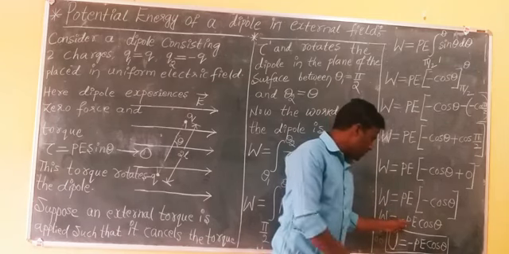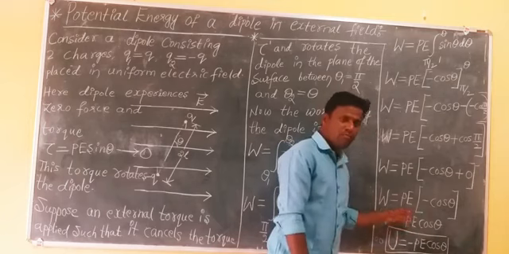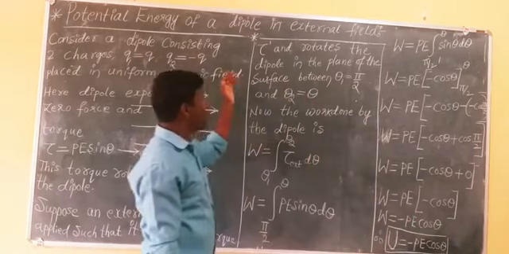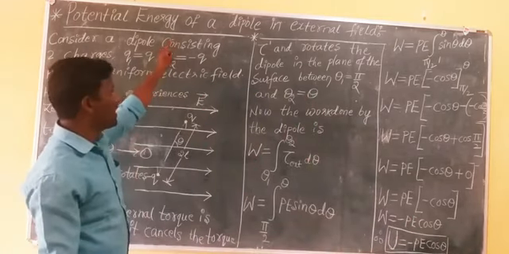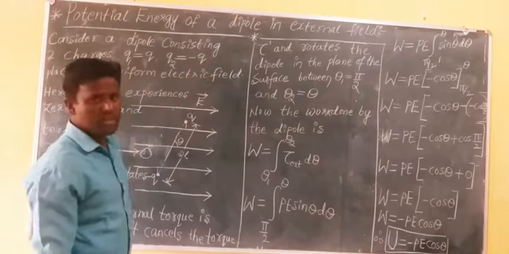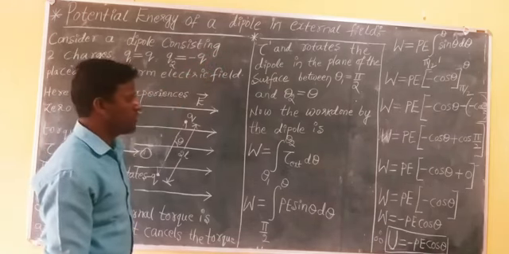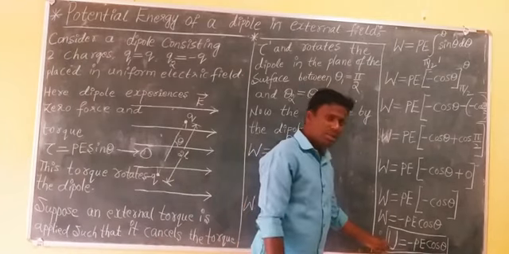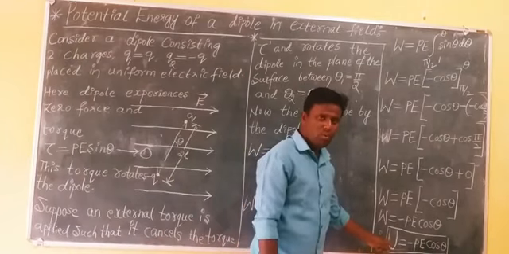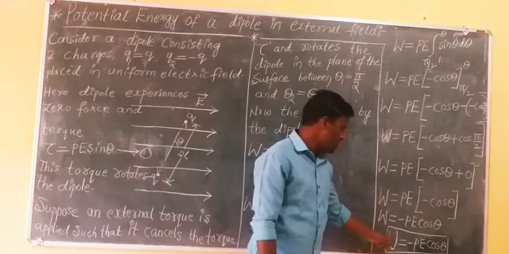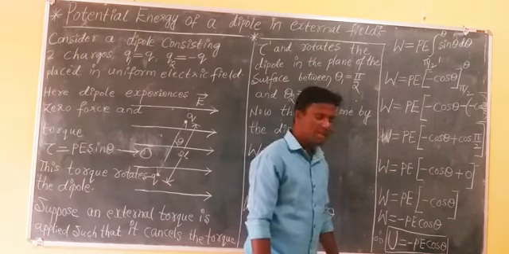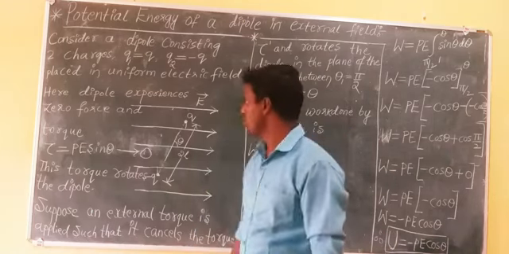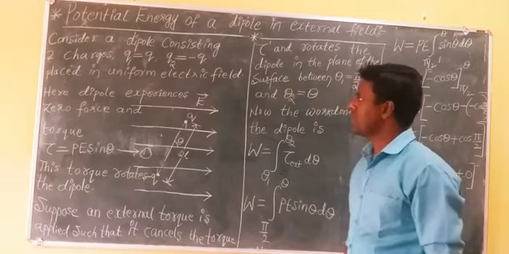This work done is itself the potential energy of a dipole in an external field. Therefore, the electric potential energy of a dipole placed in an external field is U equals minus PE cos theta.